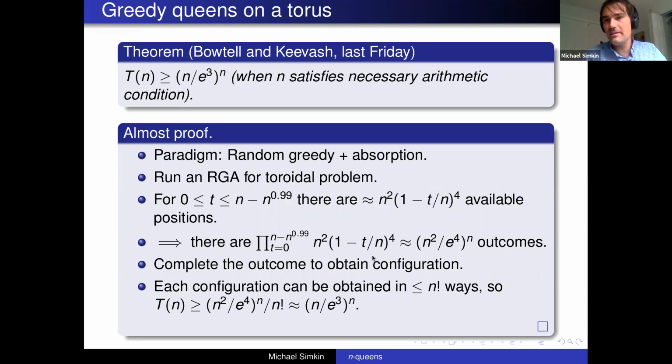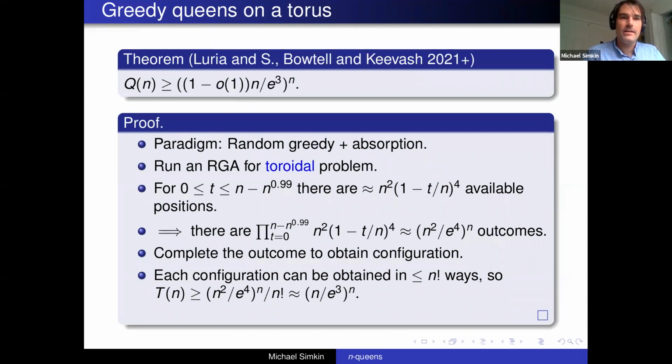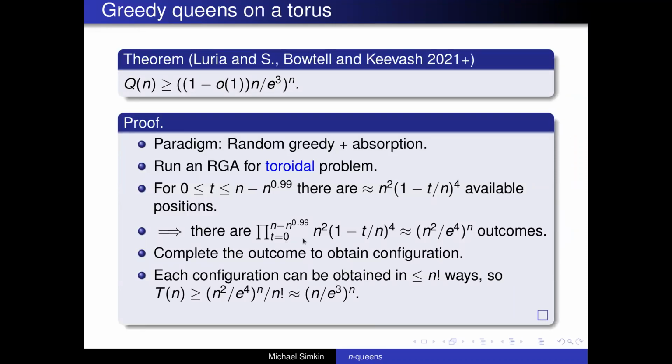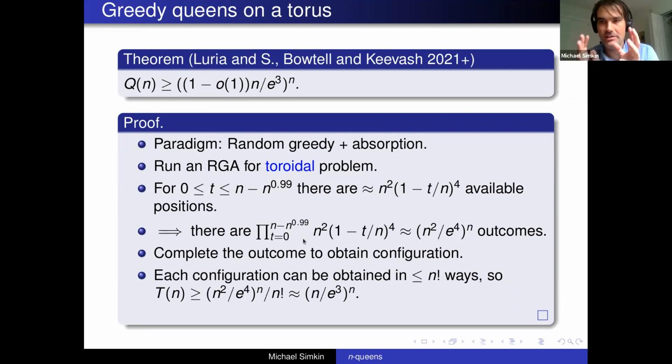But one important observation for the classical case, which makes it significantly easier in this regard than the toroidal case, is that it actually is easy to complete the output of this random greedy algorithm to a classical solution where the diagonals don't wrap around the board.